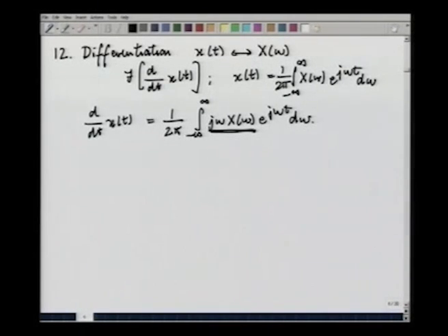That is to say, we can now claim that this is just the inverse Fourier transform of this quantity, and so we can say that d by dt of x of t equals j omega X of omega.